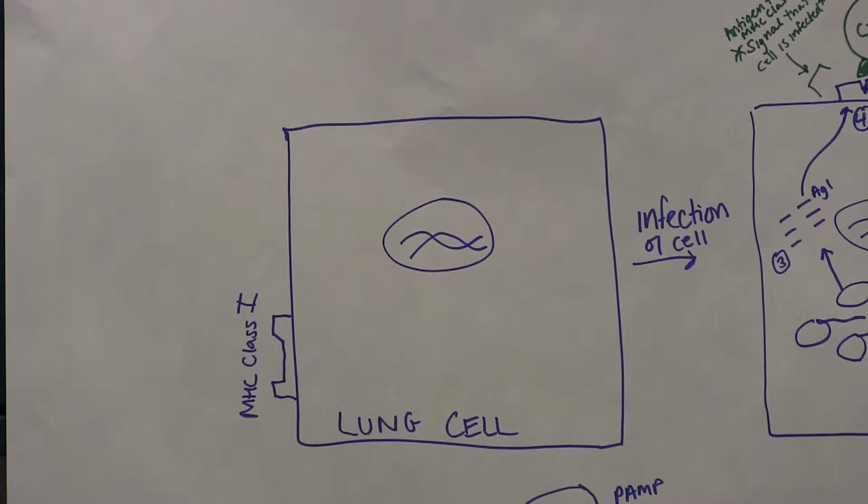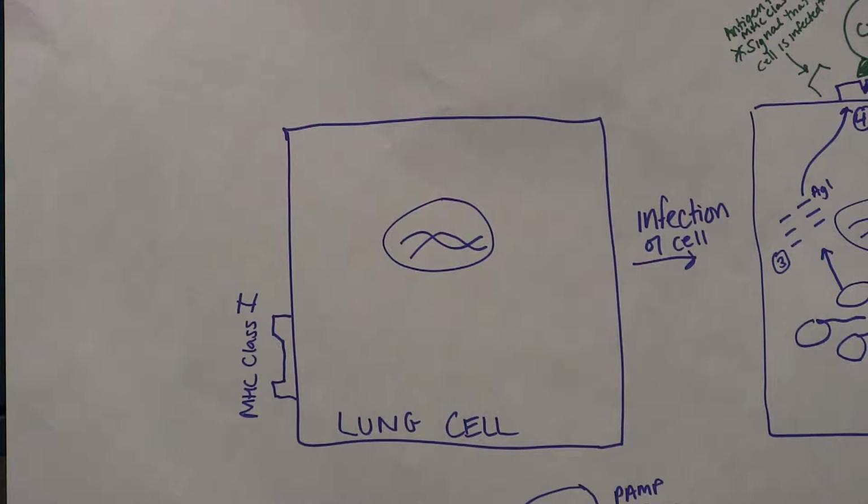Remember that any cell of your body can become infected, so we need a way to signal to the immune response that there is something foreign and harmful inside the cell. Here I've shown you a lung cell, which we usually draw as a square instead of a circle.